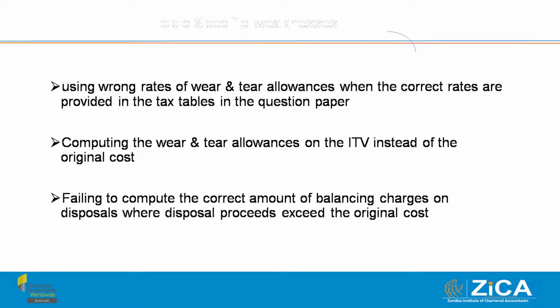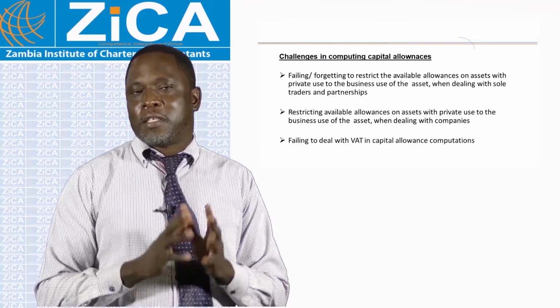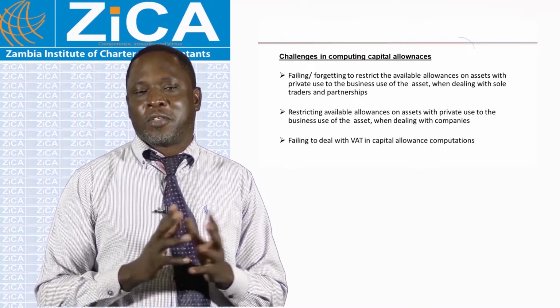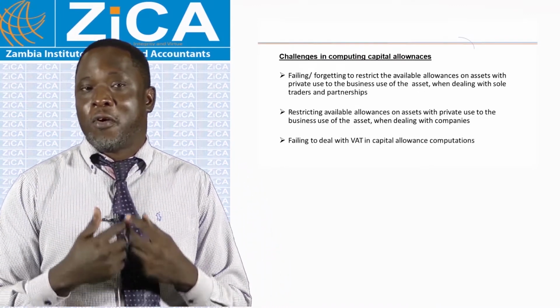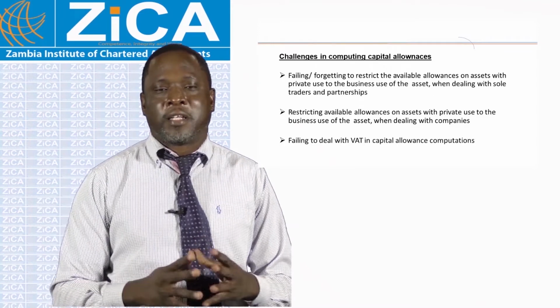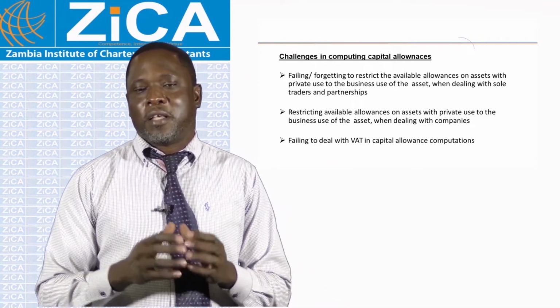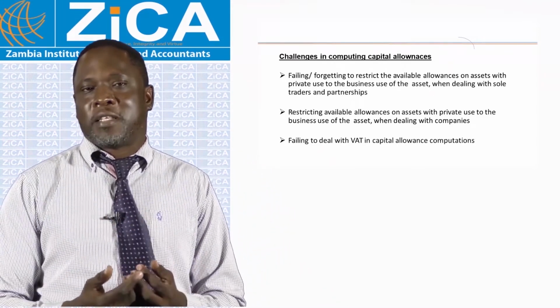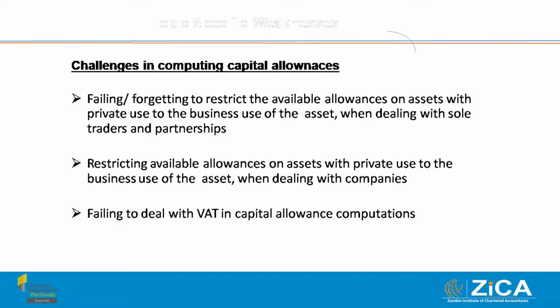Then other challenges as far as computation of capital allowances is concerned is that, when we are dealing with a company, a student will restrict the capital allowance available to the private use of an asset, where an asset is being used partly for private purposes, partly for business purposes.